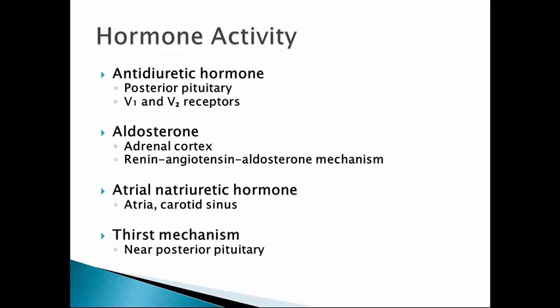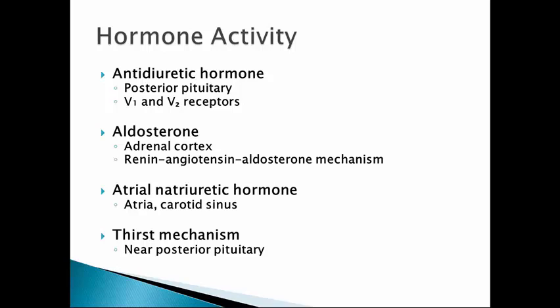The other important piece to remember about aldosterone is that it's part of the renin, angiotensin, aldosterone mechanism. And remember that RAS, the renin, angiotensin, aldosterone mechanism, is a very important part of our stress response. Anytime the kidneys believe that they are not being circulated, which happens in stress or in hypovolemic states, the kidneys are stimulated to produce renin, or renin, depending on where you went to school.